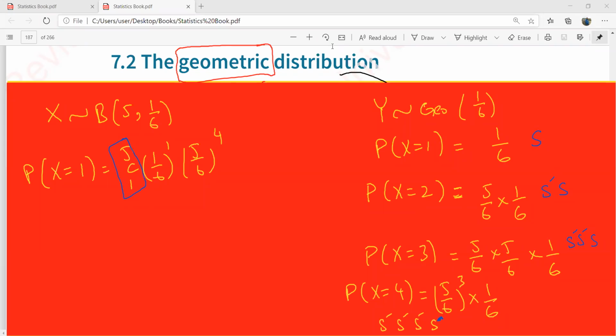Can you think of elaborating this 5C1? This 5C1 in case of the binomial distribution means that it can be a 6, not 6, not 6, not 6, not 6, and then this is 6, then not 6, 6, not 6, not 6, like this.